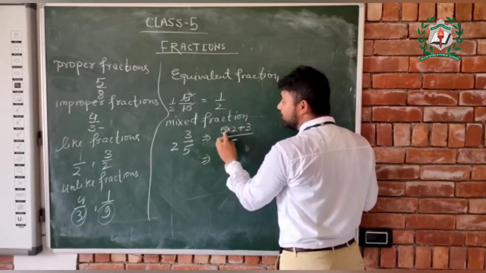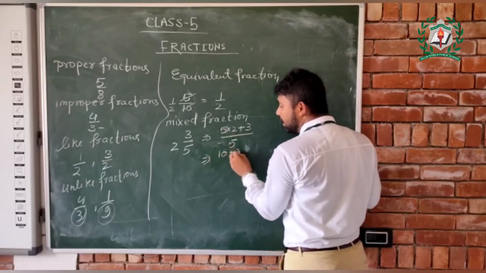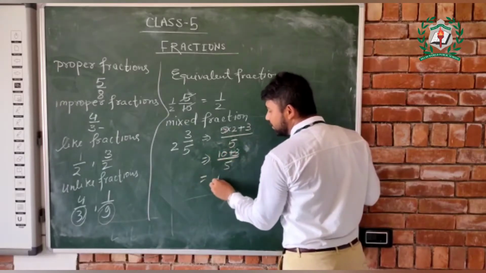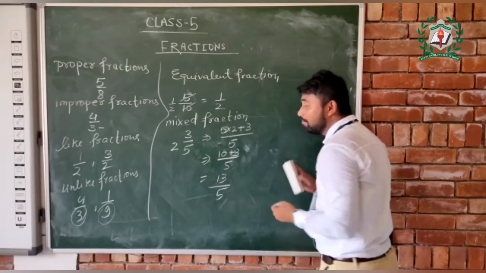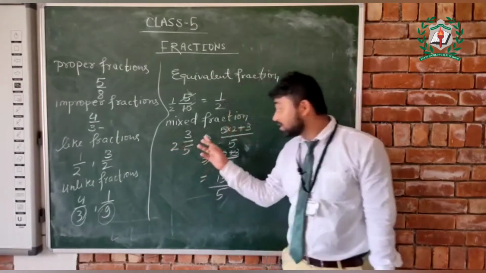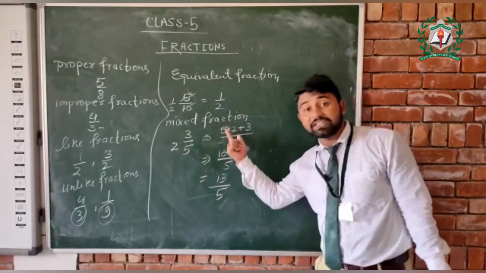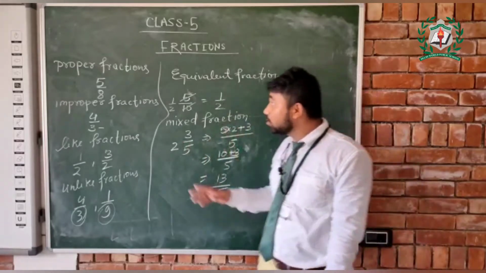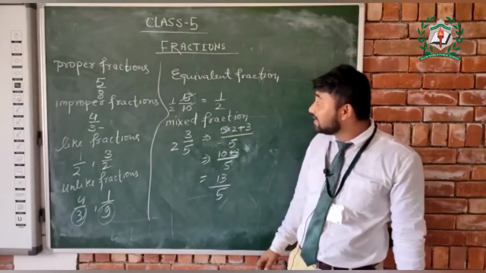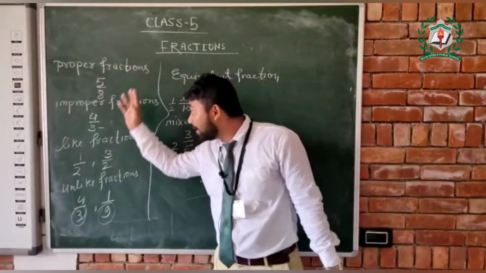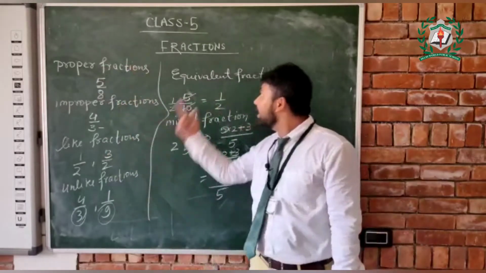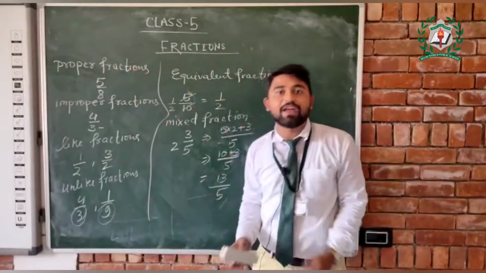So 5 twos are 10, plus 3 upon 5, that is 13 upon 5. This is the procedure for converting a mixed fraction into a normal fraction. So we have discussed the 6 types of fractions: proper, improper, like, unlike, equivalent and mixed fraction.